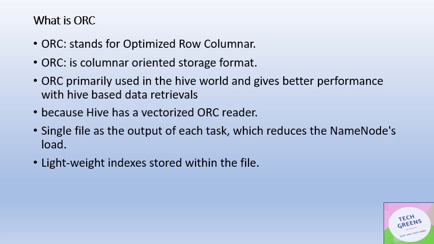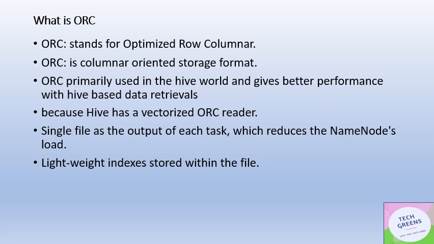Now guys, with ORC, what happens is that ORC always produces a single output out of each task it performs during the processing. And when we have a single output of each task, it reduces the load on the name node, because the name node keeps the metadata of all the output files in the Hadoop world.